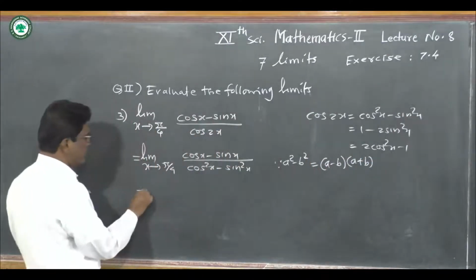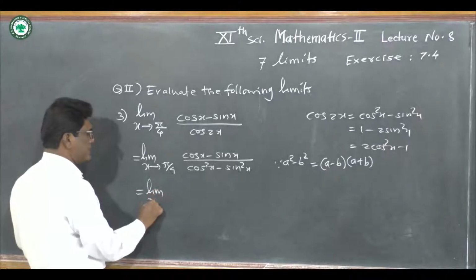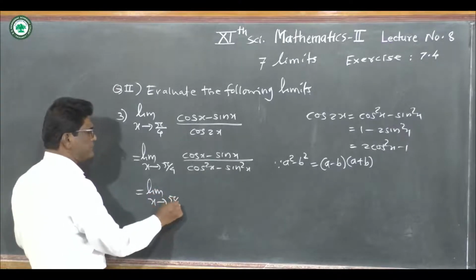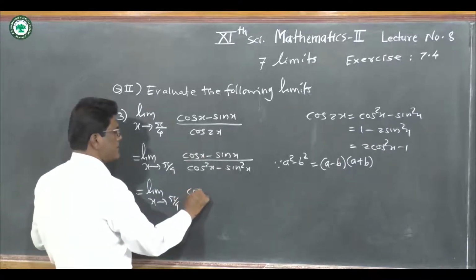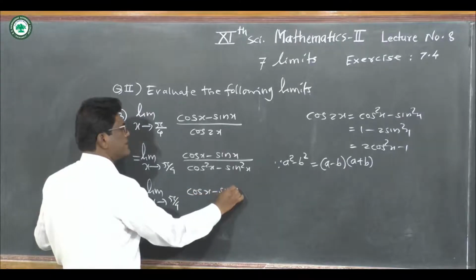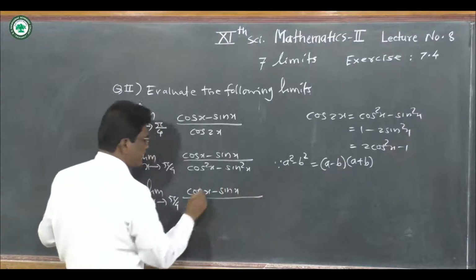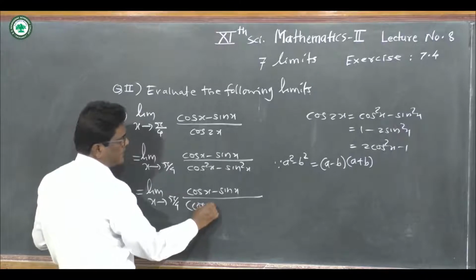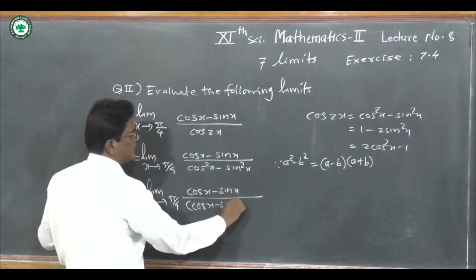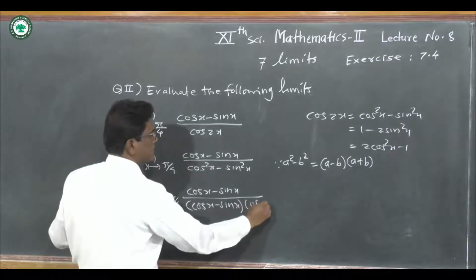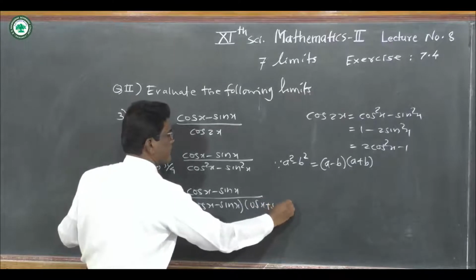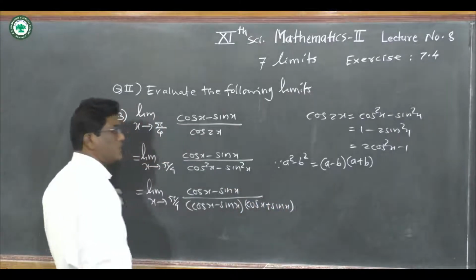So we get limit as x tends to pi by 4, cos x minus sin x in the numerator as it is, divided by (cos x minus sin x) into (cos x plus sin x).